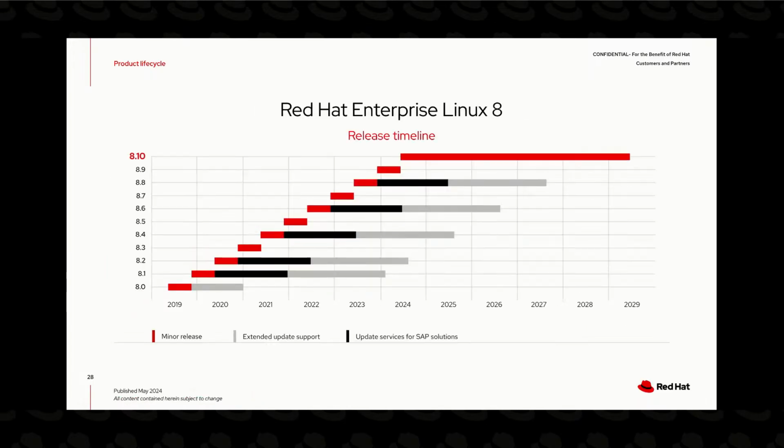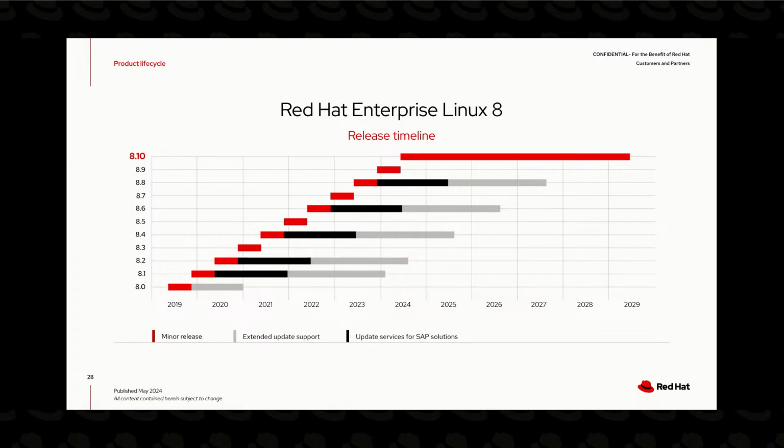For RHEL 8, we're here: 8.10. It actually was released in mid 2024, and it is now in the last 5 years of its life cycle, which we call maintenance phase. So you can see that we're stepping up with all these minors periodically, and now on RHEL 8.10, it's just a line. Not expecting any new minor releases of RHEL 8.